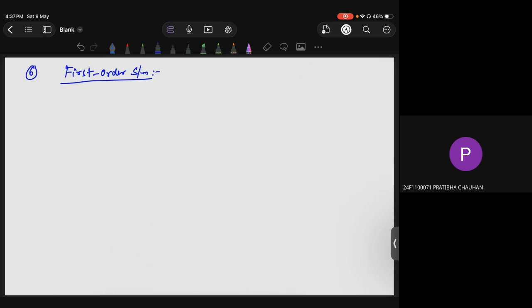First order system means we have only one pole: 1 by tau, s plus 1 by tau. So we'll have only one pole, which in this case will be minus 1 by tau. So that is how it will be.